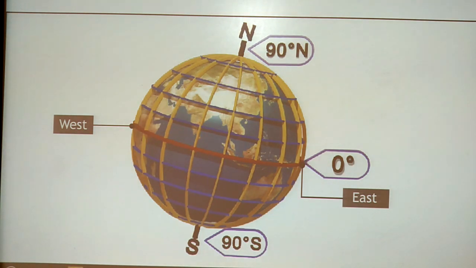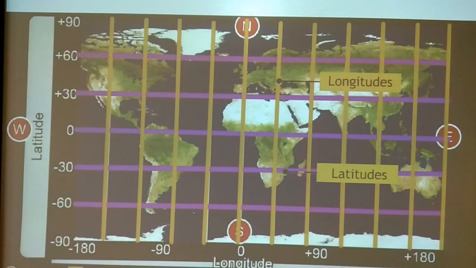Now we will discuss how these lines help us to locate a place. As you can see in the picture, for locating a place, we need to know the degrees of latitude and longitude. See, in this picture it is clearly mentioned. The degrees or the lines we can know from here and here also.